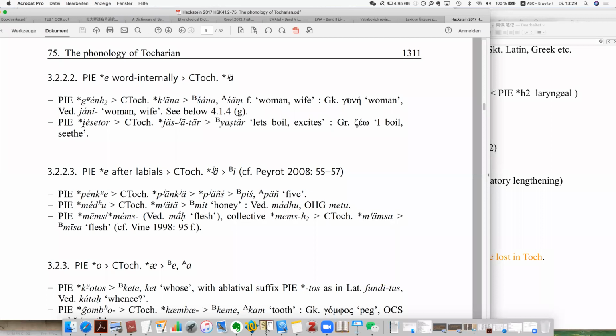You see, in Sanskrit it's called jani, so j is also a palatal consonant. But in Greek, it is a g. So in Greek there is a different effect, or a different stage. In Tocharian, this is actually E grade. I put it here.